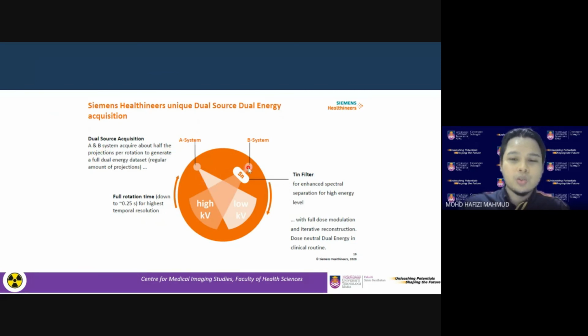So we have the dual source, with the first tube at low kV and also high kV at 120, and a thin filter is applied.